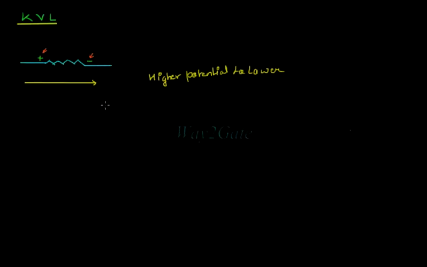In KVL, the voltage across the resistor is always decided by the latter terminal. If you consider current in this direction, then this terminal is positive and this is negative.